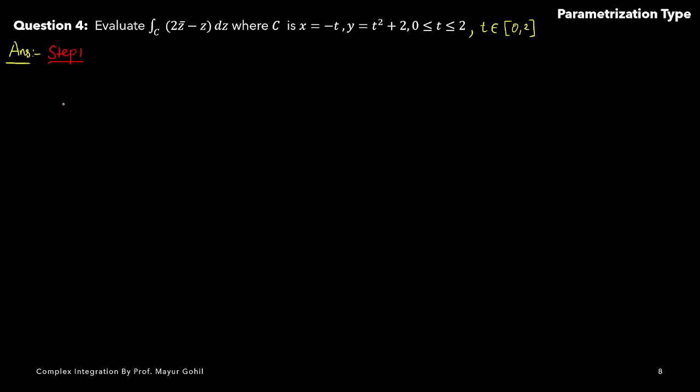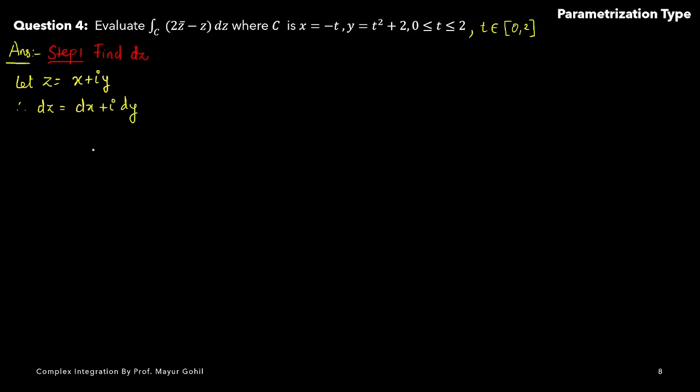Let us see what happens. I'll just find dz over here. We know that let z equals x plus iy, therefore dz equals dx plus i dy.